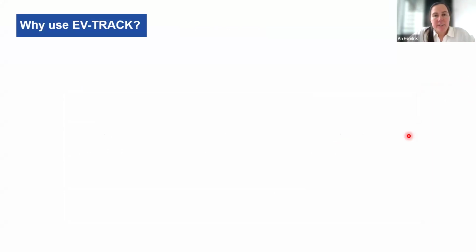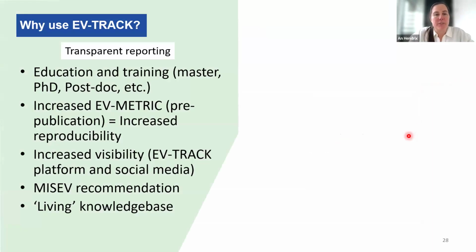So in the end, why should you use EV-Track, or why is it important to use EV-Track? First of all, in terms of transparent reporting, in my lab, for example, we use it as an education and training tool. Any master, PhD, or postdoc that is entering the lab has to explore the tool and implement it. And why?